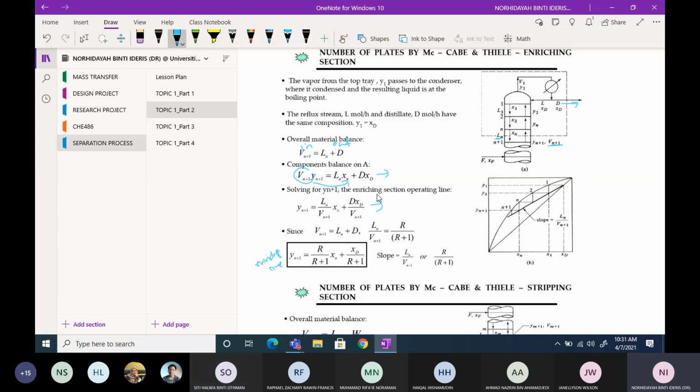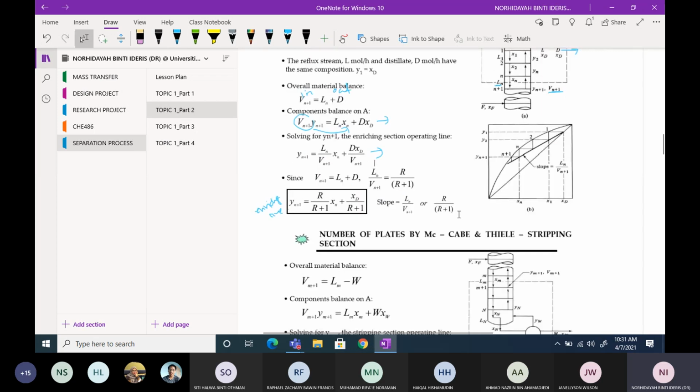So it's stated actually for a continuous distillation column, there are two things that you need to know: Vn plus 1 is equal to Ln plus D, and the second thing is that Ln over Vn plus 1 is equal to R over R plus 1.